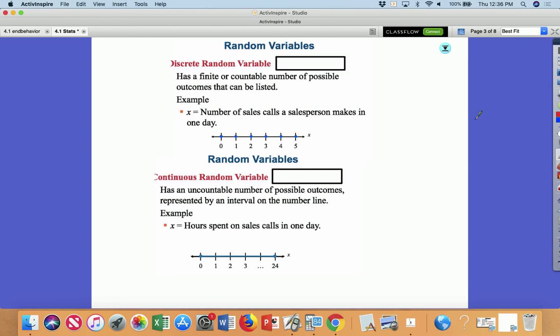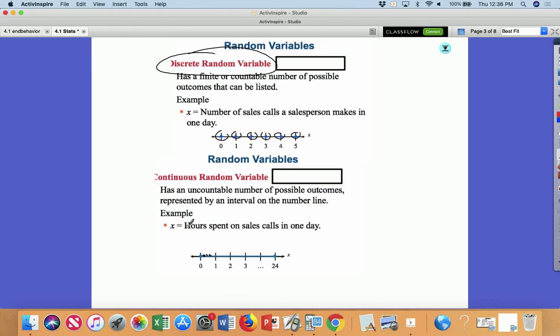Now, in this chapter, we're only going to be working with discrete random variables. Discrete random variables would be ones where you could actually list, there's a countable number, or a finite number of values that your variable could be. Whereas on a continuous one, like hours, you could have a fraction of an hour.